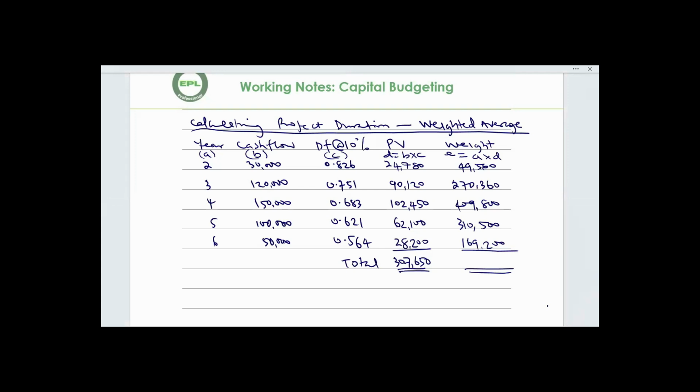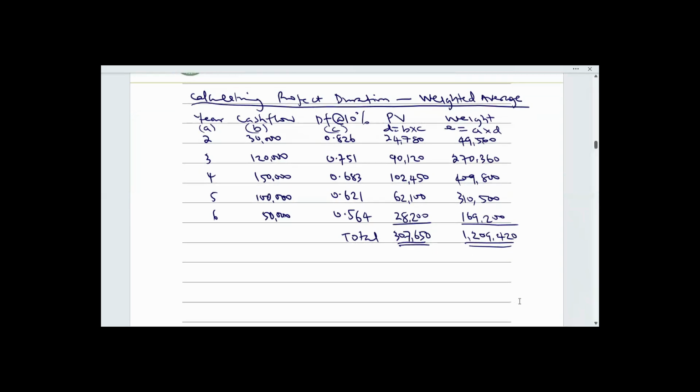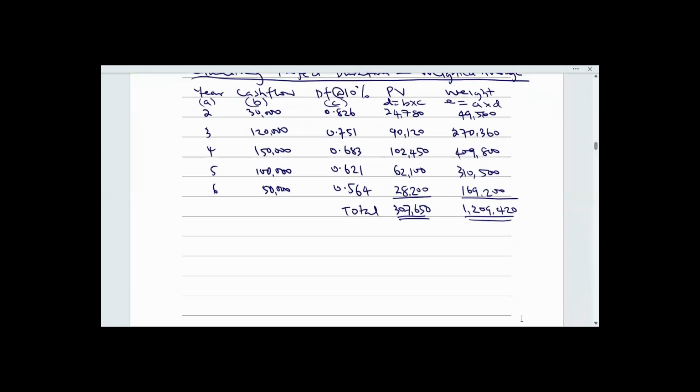Okay, 49,560 plus 270,360 plus 409,800 plus 310,500 plus 169,200. What do you get? 1,209,420. Okay, thank you. So that's the total weights. We've also gotten the total PV.